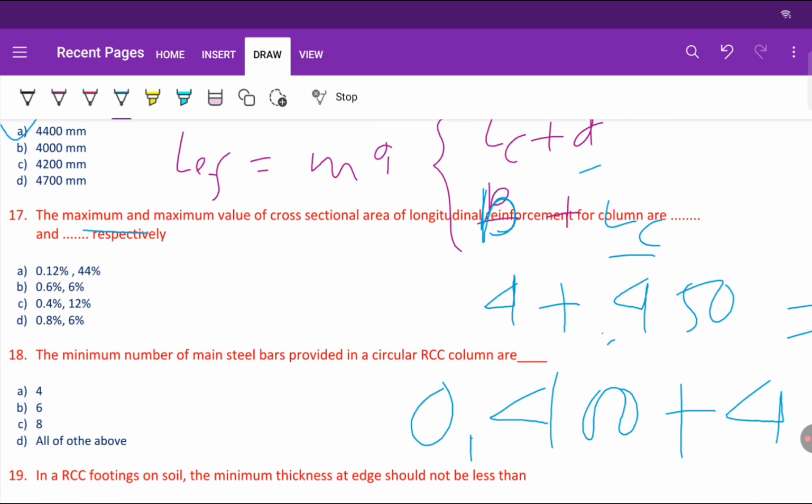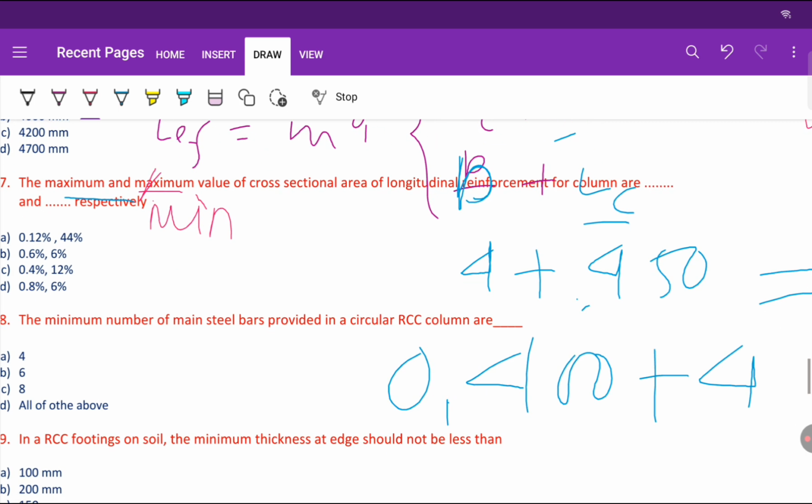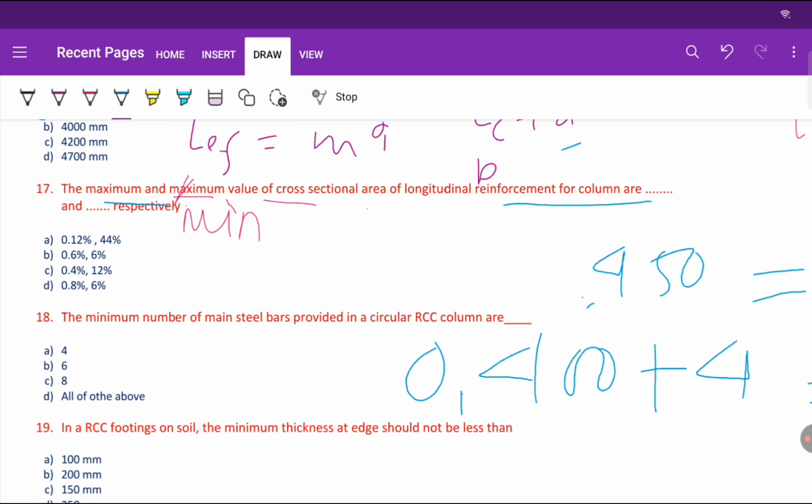The maximum and minimum value of cross sectional area of longitudinal reinforcement for column are. When we design a column, we cross check the maximum and minimum reinforcement.